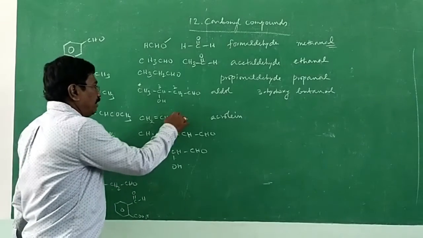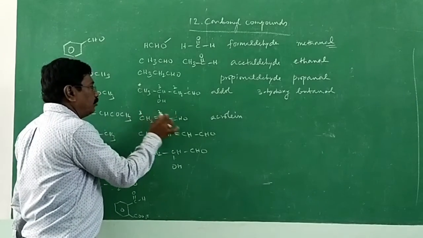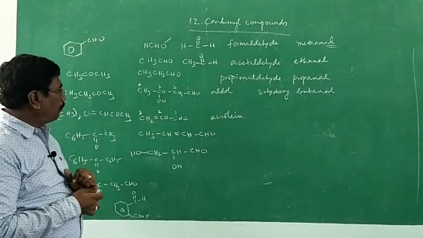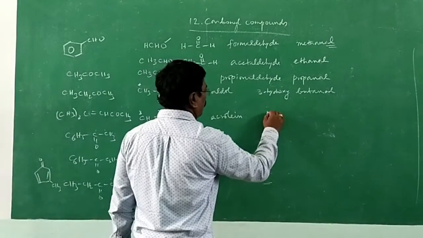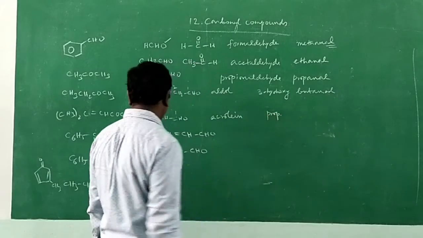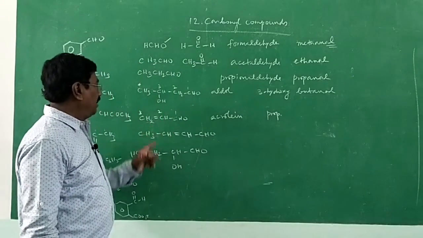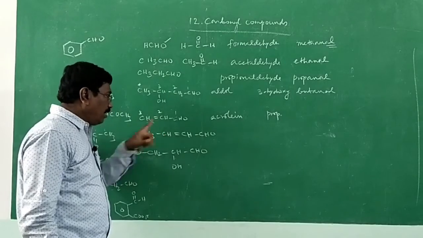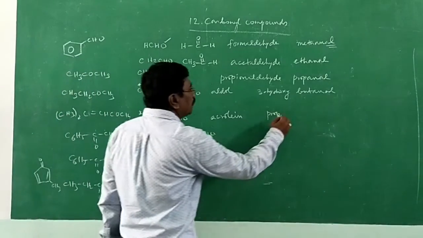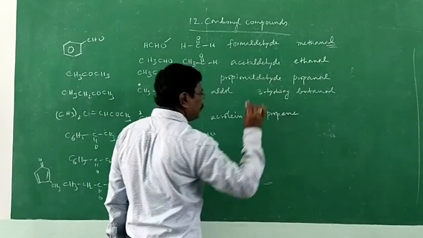The IUPAC name will be 1, 2, 3. The aldehyde should get priority, therefore number 1. Totally 3 carbon atoms, therefore prop. It is not ane. It is not a saturated hydrocarbon, there is unsaturation, a double bond. Therefore, it should end with ene, propene.